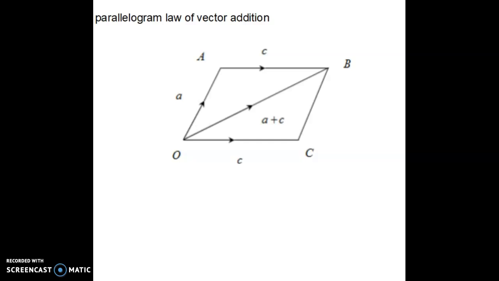So what it means is, if you have two sides of a parallelogram, and the vectors are moving away from each other, then this diagonal, by the way, just to remind you, the diagonals bisect each other. And some of those problems, you have to know that property of a parallelogram. But with this law of vector addition, when they move away from a point, this diagonal is going to be the sum of the two vectors.